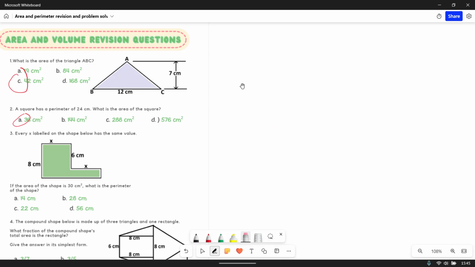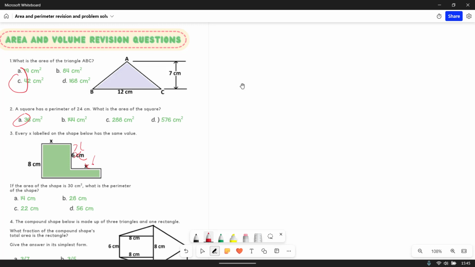Find the area of the shape below, where every X labeled has the same value. Right, seems to be some missing values here. I think this should be X and this should be 6.